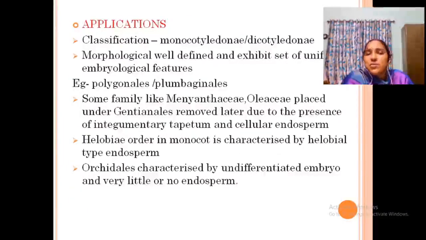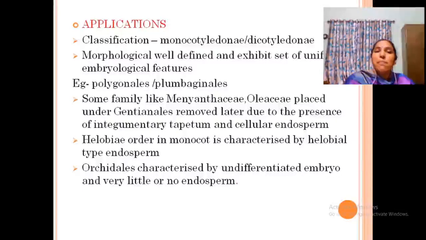One simple example is monocotyledons and dicotyledons. That is our major classification. Bentham and Hooker divided it like that, so that is by cotyledons. That is an embryological character, the cotyledon. Then morphologically well defined and uniform embryological features are observed in some of the genera. Polygonales, Plumbaginales, Plumbago type, Polygonum type embryo sac development.